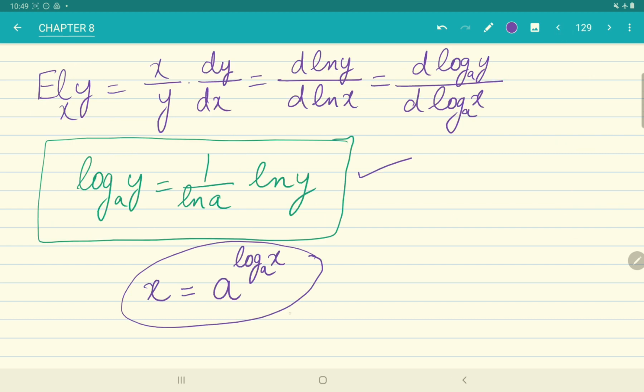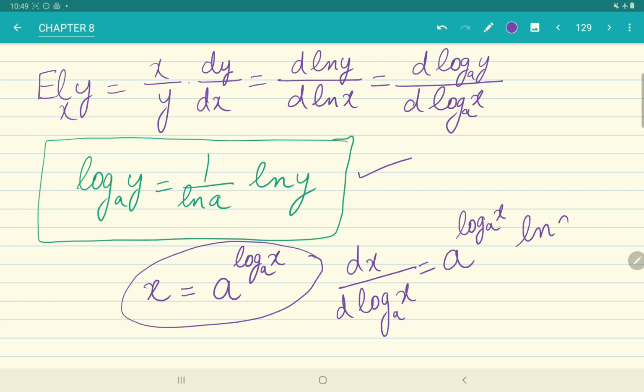I know that this is the case. If I want to know dx by d log x to the base a, this is going to be equal to a raised to the power log x to the base a, and then it should be ln a.